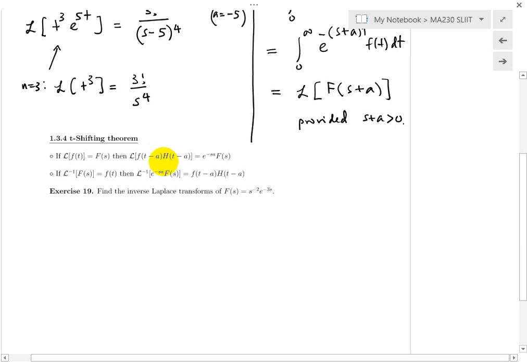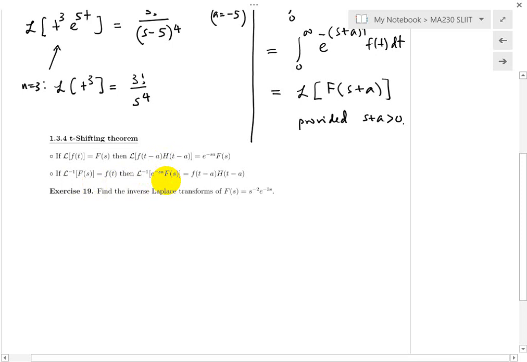All you have to do is multiply your transform function by exponential minus sa. Same thing written in a different way. If the inverse Laplace transform of capital F is little f, and you have an exponential function exponential minus sa being multiplied, then all you have to do is shift the original function by a units.